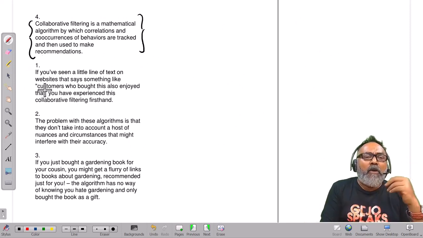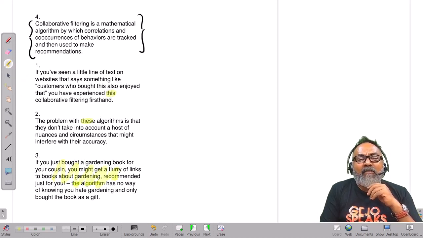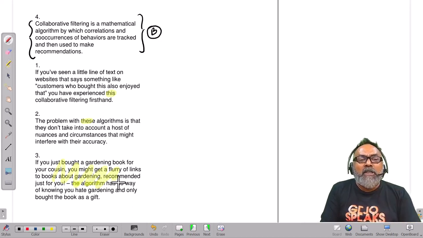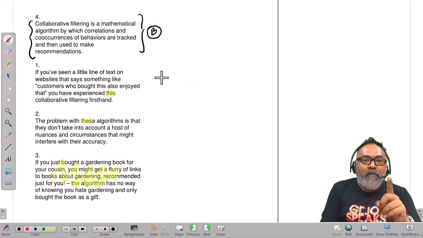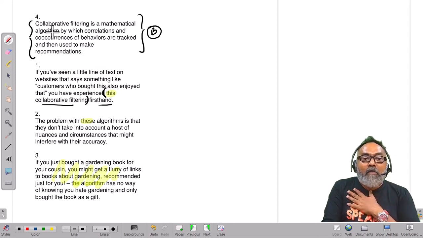Okay, because why does 4 stand out as a start? Because you see these algorithms, and the algorithm, reference some algorithm plus an example that is given. This is the broadest statement among all. This is much more specific, so you can get the 4, and then this collaborative filtering first hand. Example, what is collaborative filtering?